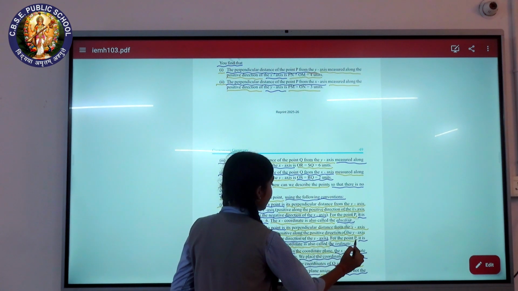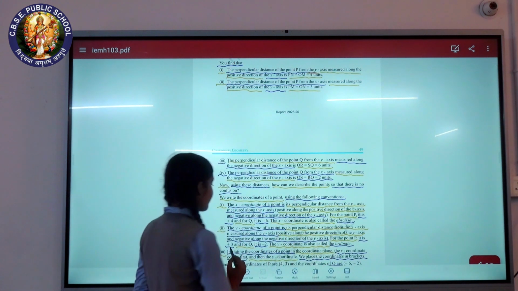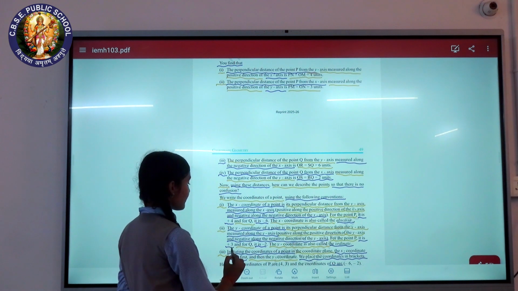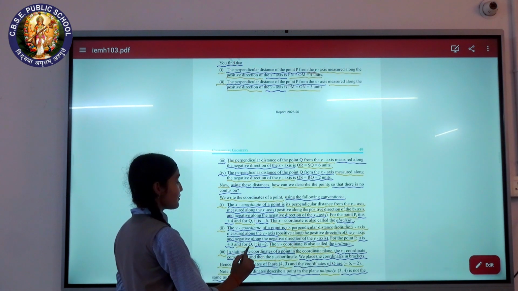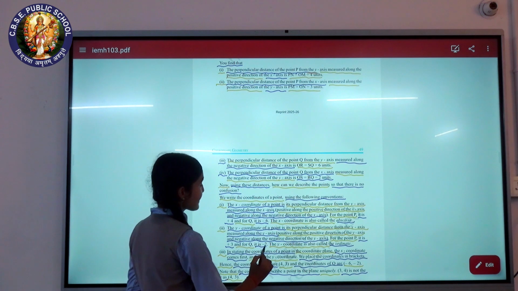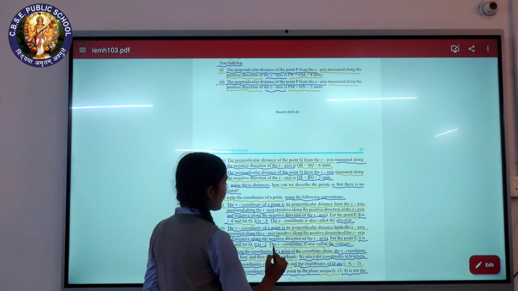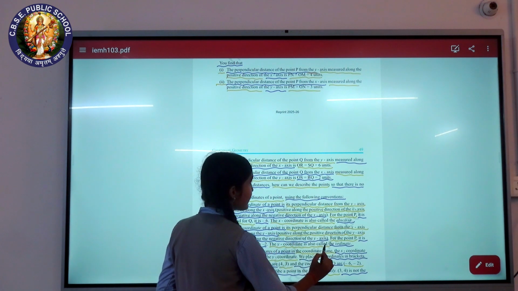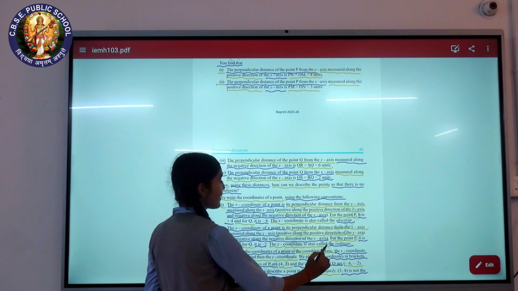For the point P, it is positive 3 and for Q, it is negative 2. The y coordinate is also called the ordinate.